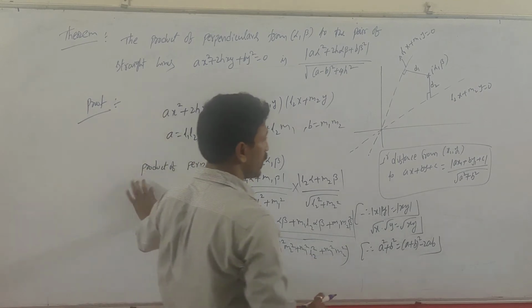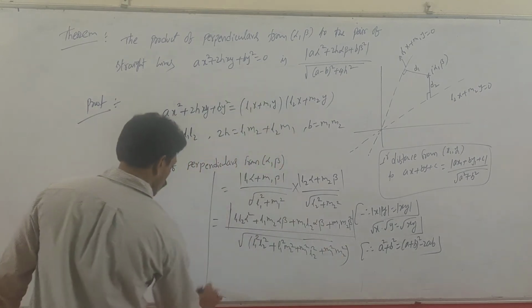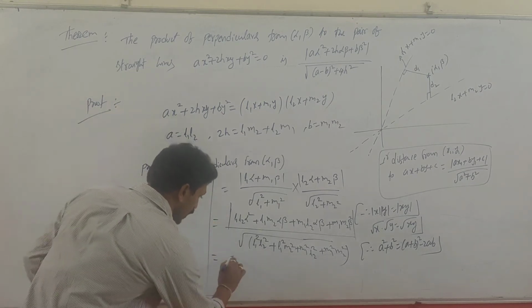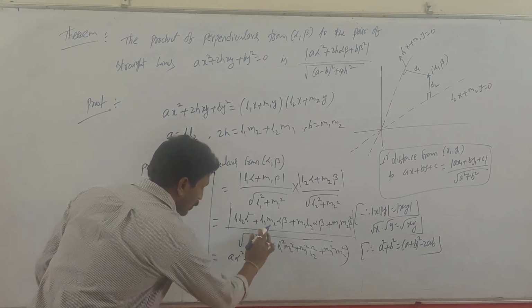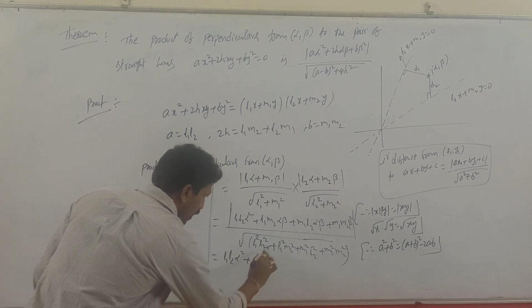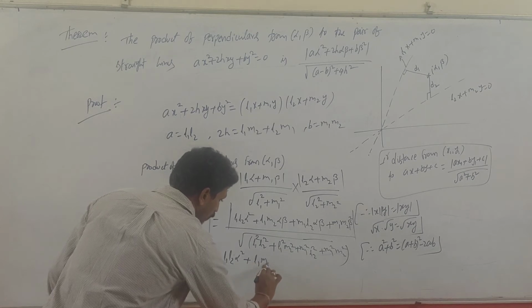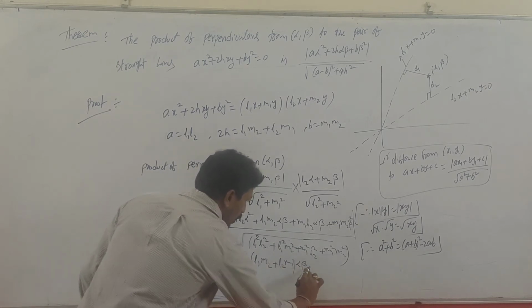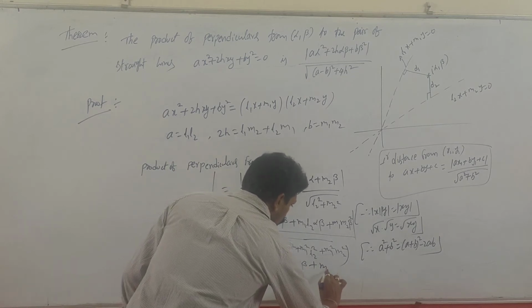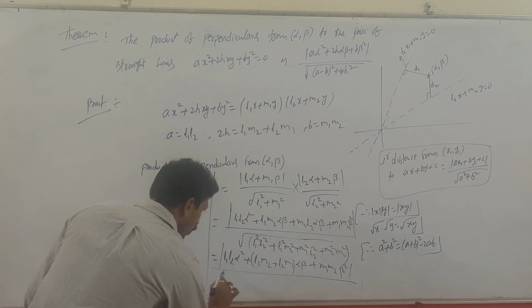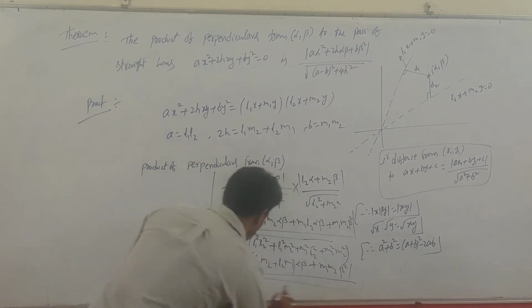So this one I can write as, so I am doing here, this is equal to L1 L2, I can write as A alpha square. Otherwise you take one more step, no problem. L1 L2 and alpha beta you common: L1 M2 plus L2 M1 into alpha beta plus M1 M2 into beta square, by modulus root over this one.